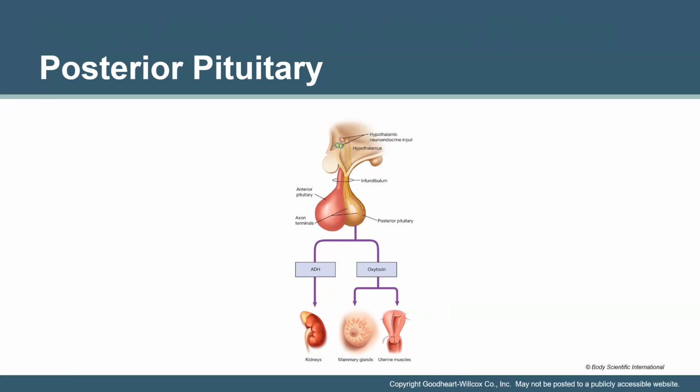So in the anterior pituitary, we have the portal system of capillaries and blood, because the function's a little different. In the posterior pituitary, we have the hypothalamo-hypophyseal tract, bringing information or neurologic stimulus from the hypothalamus into that posterior pituitary to inspire the release of either ADH or oxytocin.